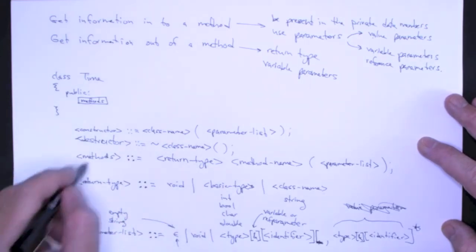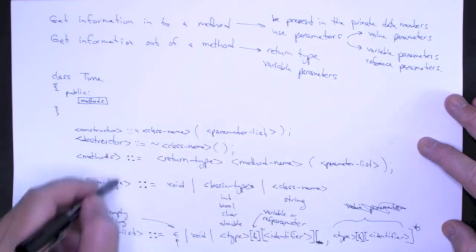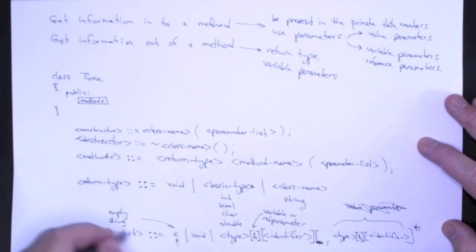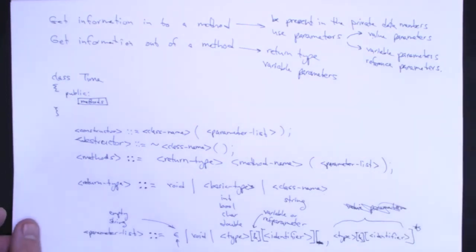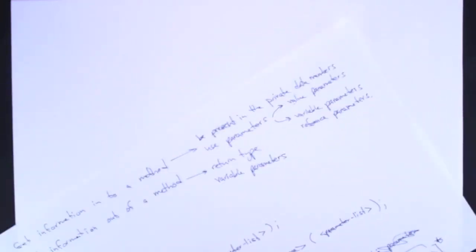So, thinking about these BNF rules, these Backus-Naur form rules, this gives us a lot of possibilities. Think about all the different ways that we could write methods.